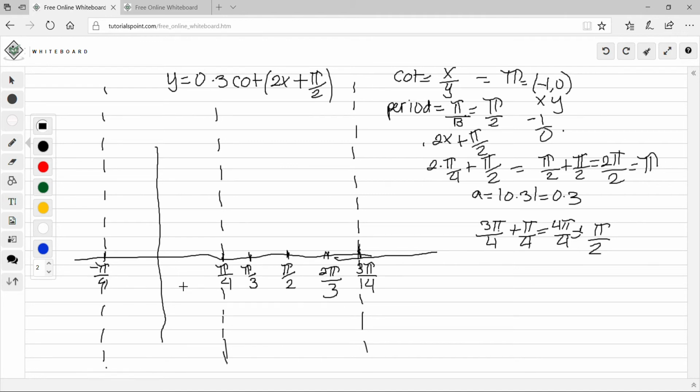Over here we have pi over 6, 0, and then negative pi over 6.